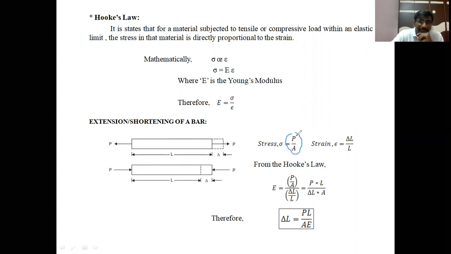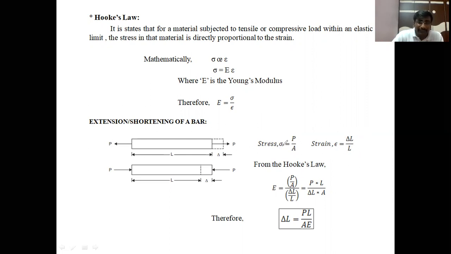Mathematically, P is the tensile load applied on the member, and A is the cross-sectional area perpendicular to the applied load. Strain is nothing but change in length by original length. Here the change in length is delta L, and the original length is capital L.